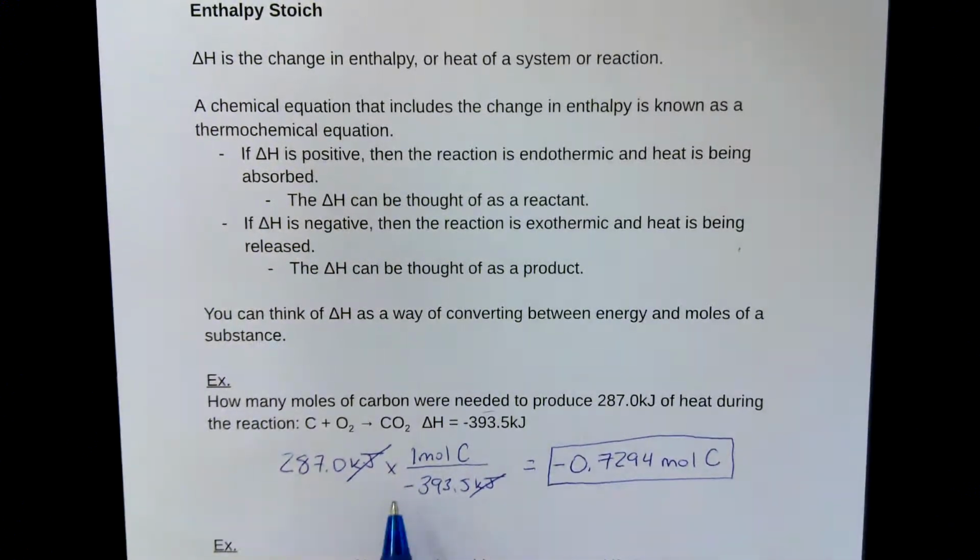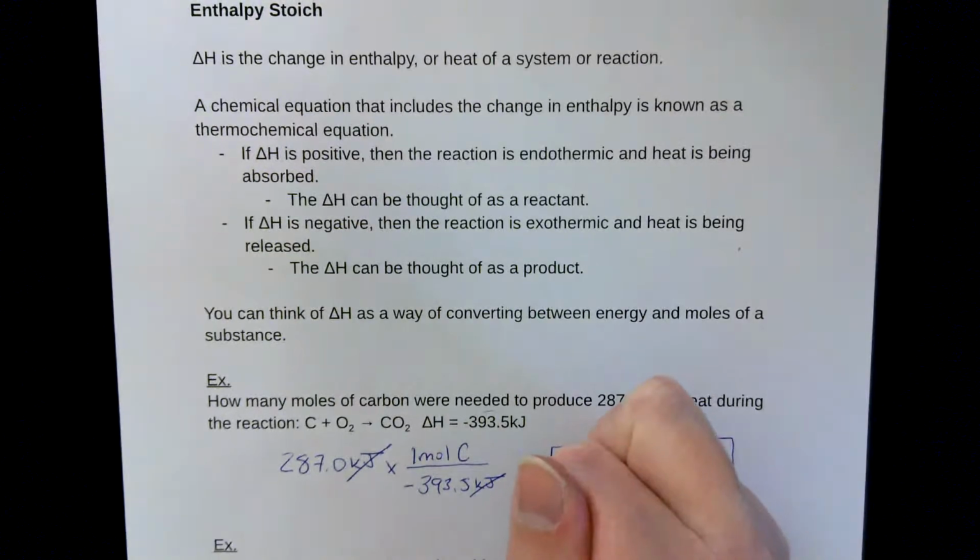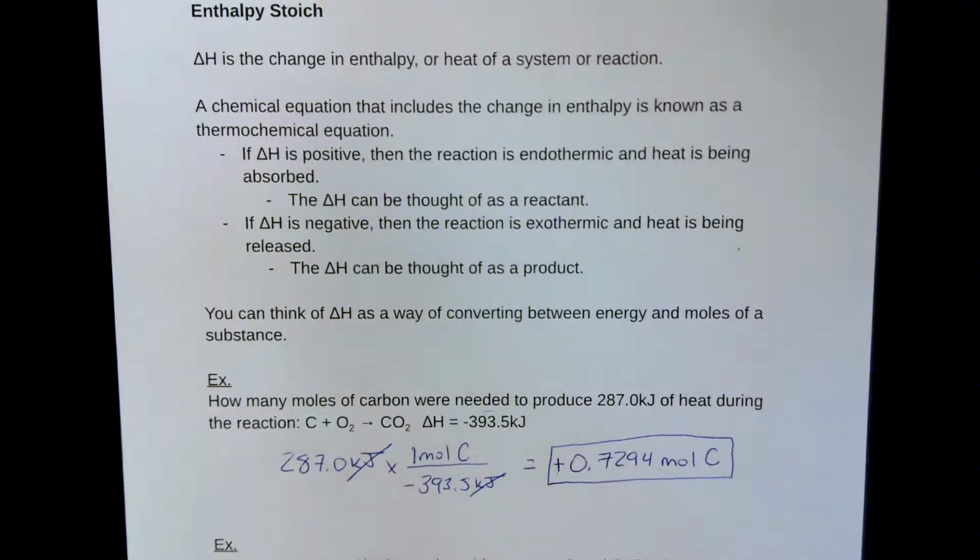Now, this is where a little bit of logic comes in, right? So mathematically, this comes out to be negative. However, we're talking about a substance, and it's not possible to have a negative amount of a substance. So we change this to a positive in order to logically make sense.